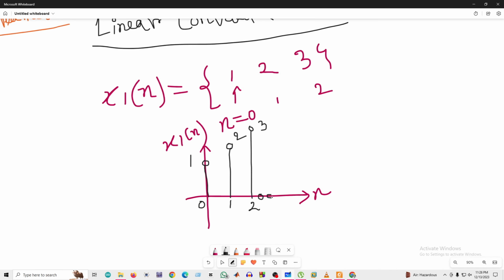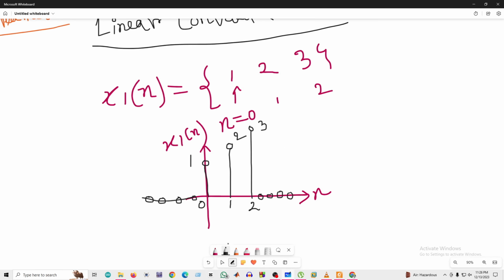All the remaining samples are 0. So we can plot this discrete time signal using these sample sequences. But here there is no periodicity of the samples; this is a finite sample.